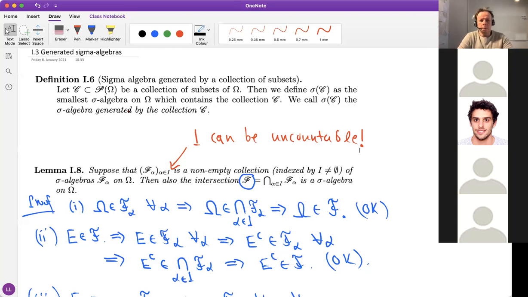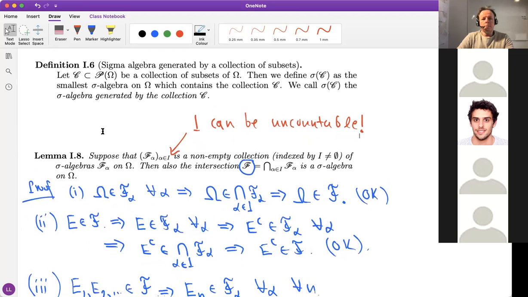Okay. So let's now prove that this definition of the sigma algebra does make sense using the lemma. What we need to do is check that the sigma of C is a sigma algebra, that such a thing exists.